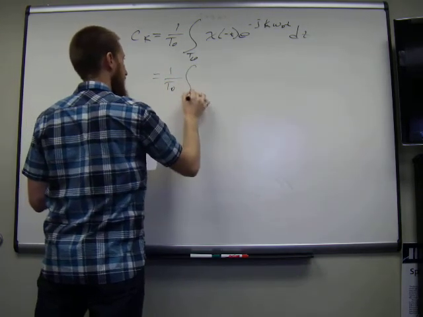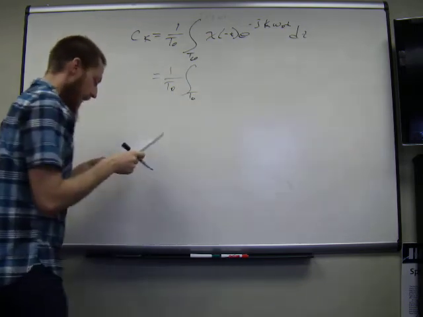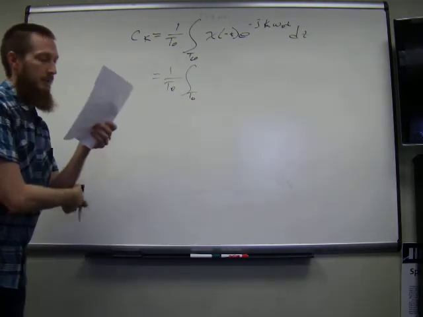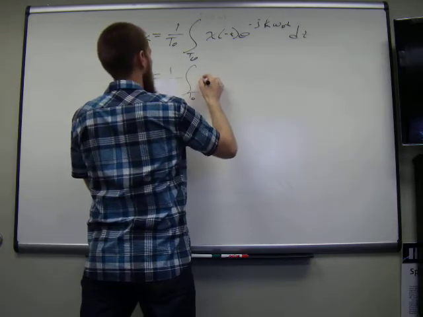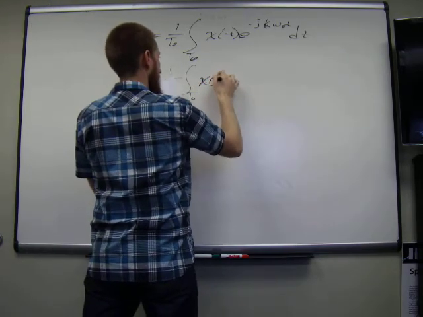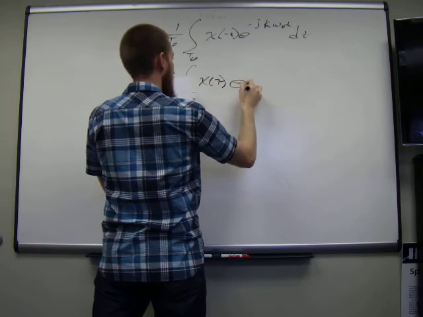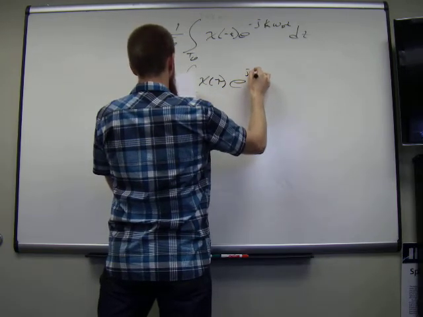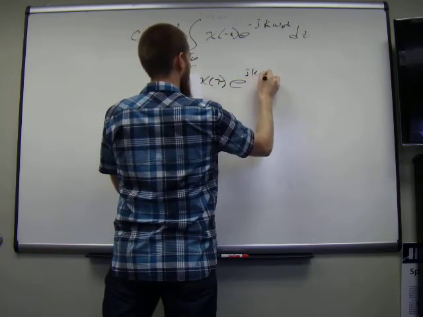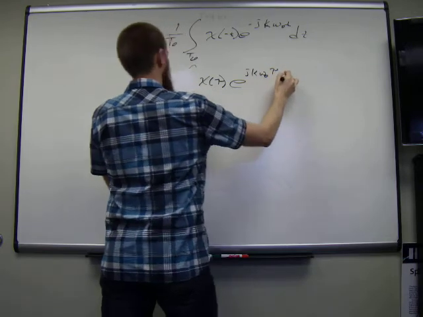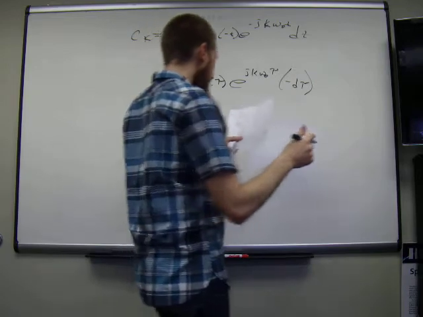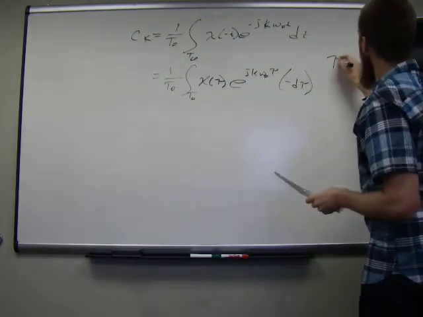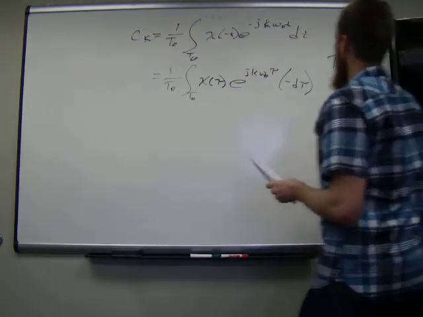And let's make a substitution into x of t, x of tau for e to the j k omega naught tau, negative d tau. And the substitution that we make is that tau is equal to negative t.